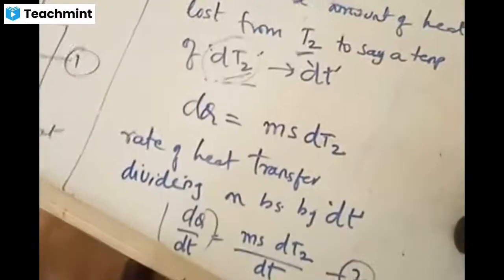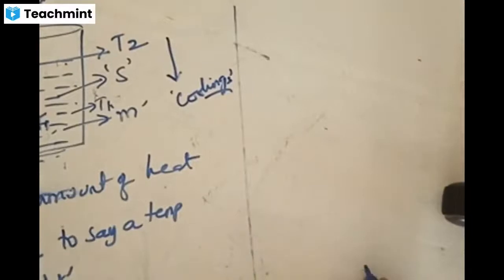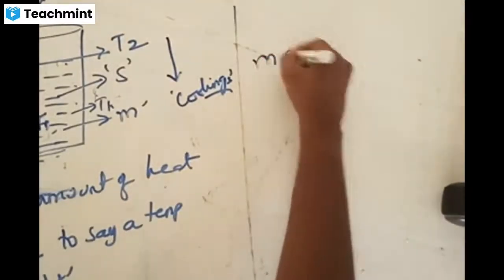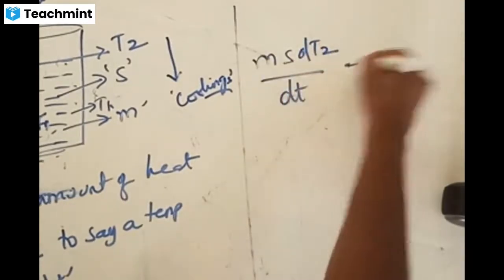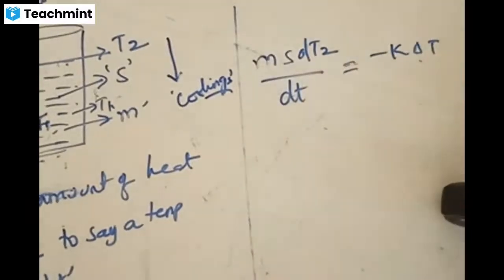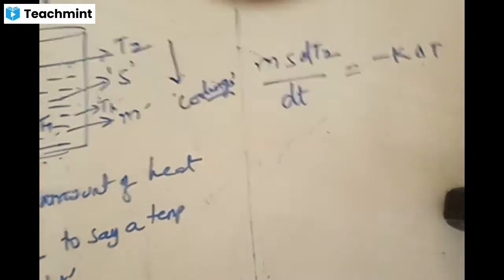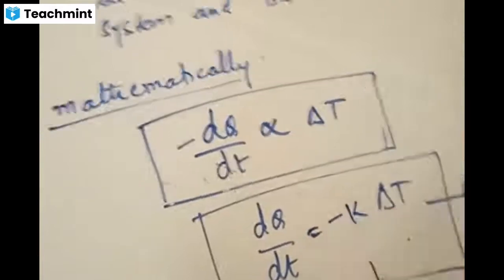Now combining 1 and 2, can you say that m s dT2 by dt is equal to minus k times delta T? Check whether you can say this. From equations 1 and 2, the LHS is the same. To avoid confusion, I will write this minus here.